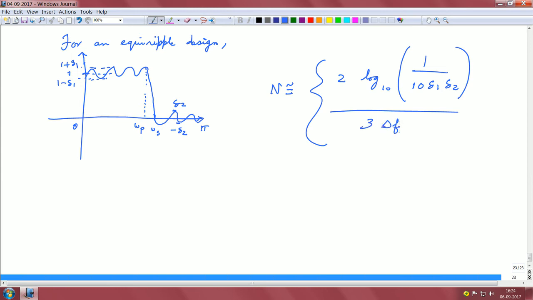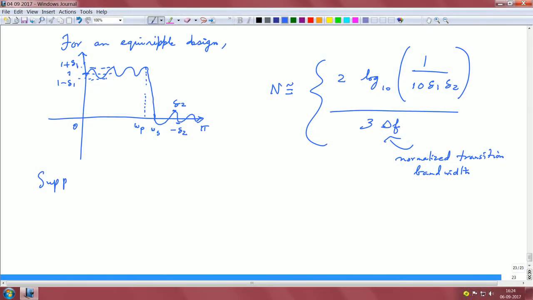So, delta f is the normalized transition bandwidth, and delta 1 and delta 2 are the tolerances for this equiripple filter. If it is Butterworth, it is pretty much flat, right. If it is equiripple, you are basically having these ripples in the pass band and the stop band.